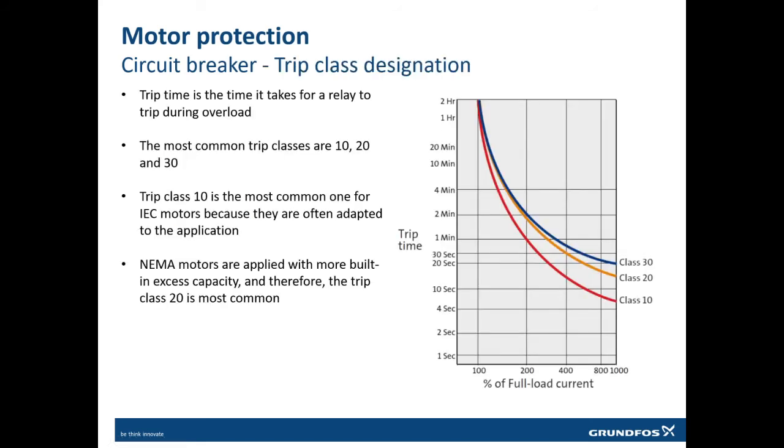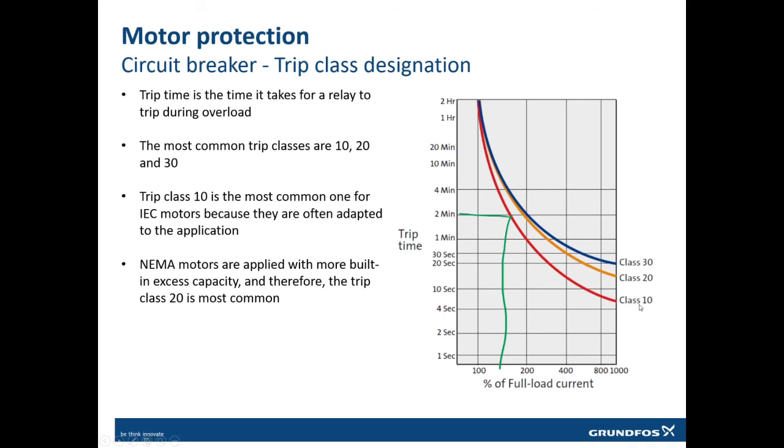This is the curve. If you see here, if this pump is working for a very long period of time at rated current, nothing will happen. But if it runs at 1.5 times the rated current, as I said, it will trip within 2 minutes. That is the reason these kinds of pumps, IEC motors, use class 10 trip type.